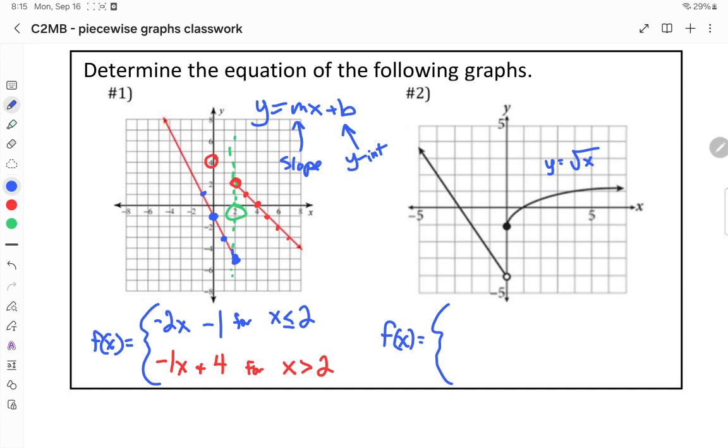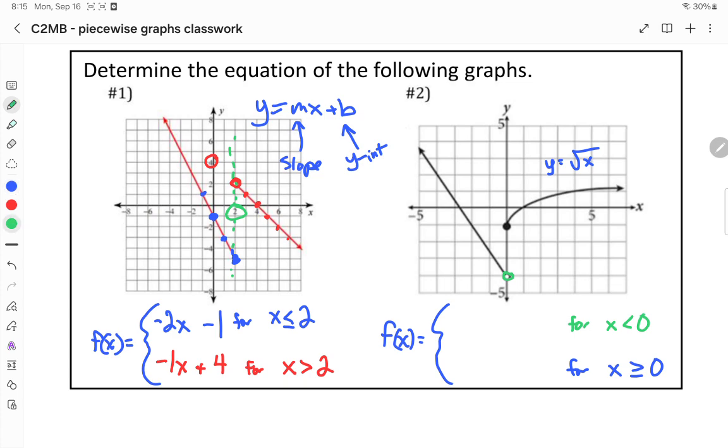So the line on the left, I'll go green this time. I see it's an open circle here. So the transition point here is the y-axis. So in that case, that's when x equals 0. So I want the line when x is less than 0. And the square root function, I'll do in blue, is going to be when x is greater than or equal to 0. So my transition point, done.